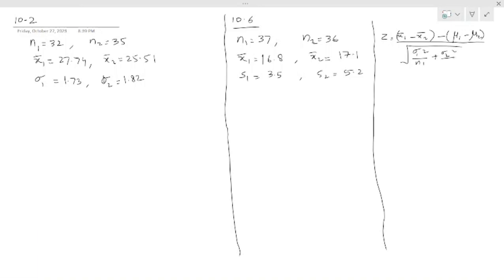Now, whenever we would like to construct a confidence interval formula, we set it for a population parameter, and over here the difference between population means is the population parameter we need to keep in the center.